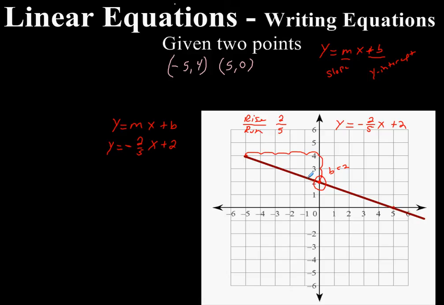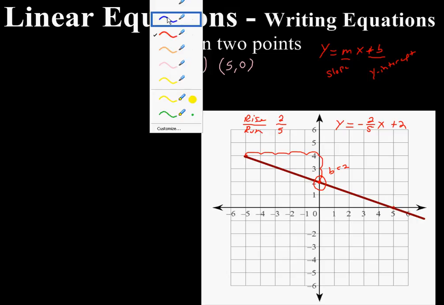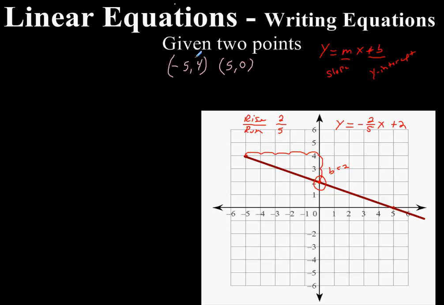But what if you don't have a graph? What if you just have the points and you need to find that linear equation? Well, let's do it algebraically. Now, what we need to do it algebraically is the slope formula. We're going to start with slope, and then we'll find the y-intercept.